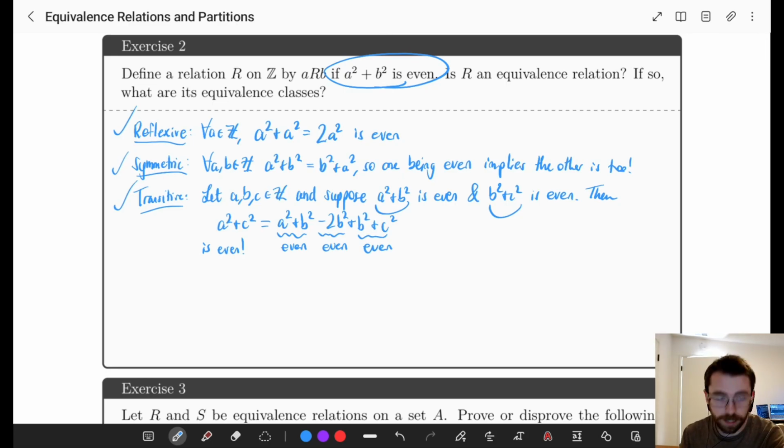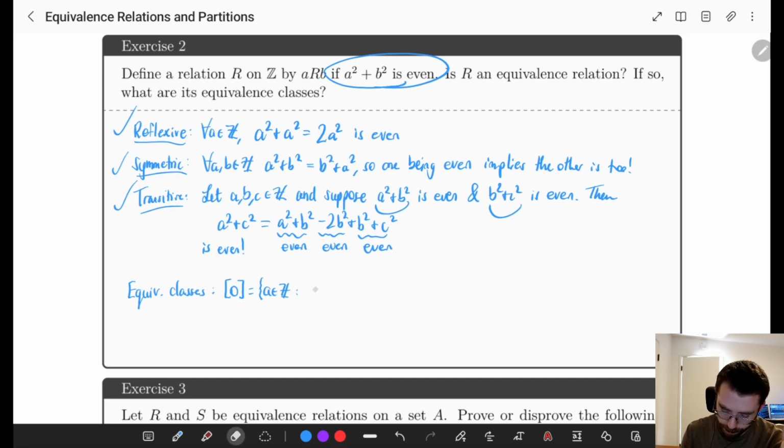What are the equivalence classes? Again, imagine just pick a nice integer to start with. What's the equivalence class of 0? Well, it's the set of all integers that are related to 0, i.e., okay, so a is related to 0. That's the same as a squared plus 0 squared is even.